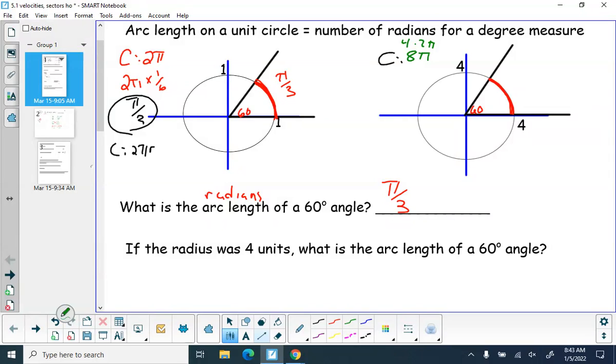So we could take this 1/6 and multiply it by this 8 pi. So we have 8 pi over 6, which reduces down to 4 pi over 3.